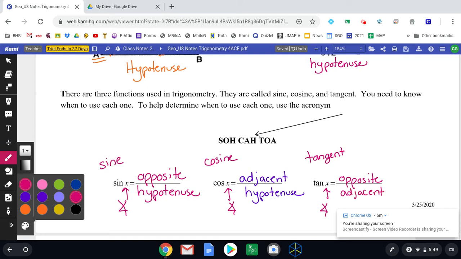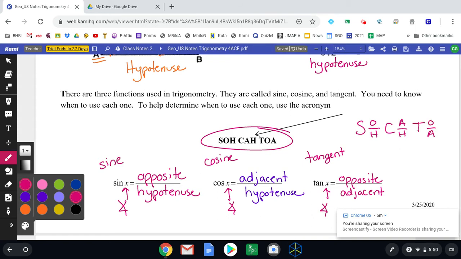So we use this acronym here, SOHCAHTOA. SOHCAHTOA just reminds you what the sides are that you're using in your ratios for sine, cosine, and tangent. Some people like to write it as SOHCAHTOA as well.